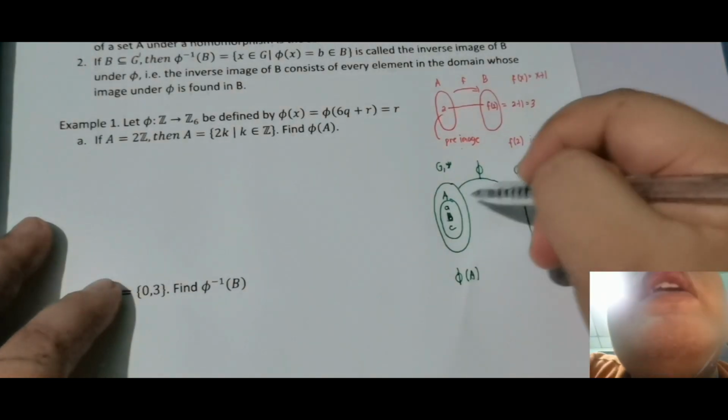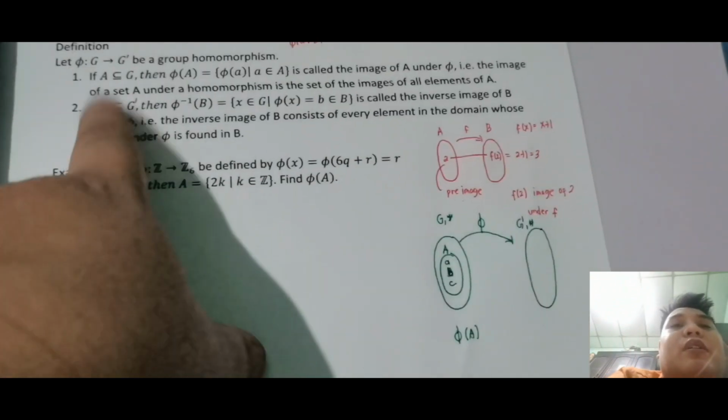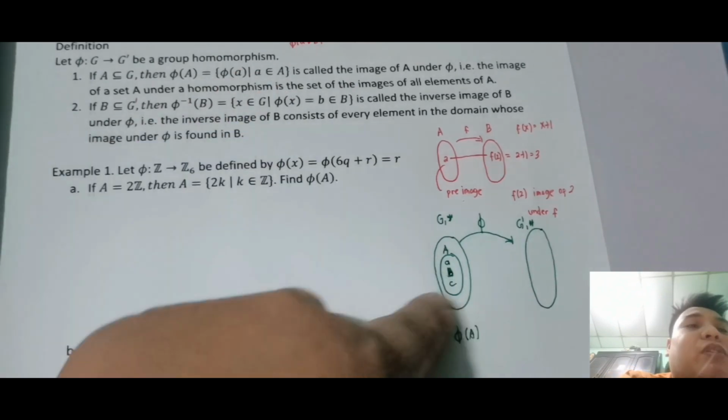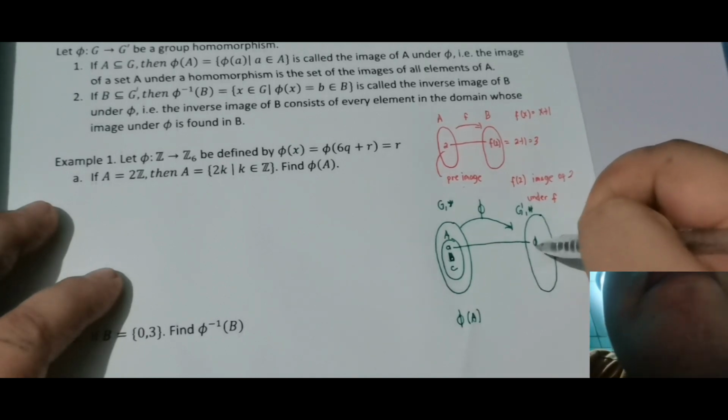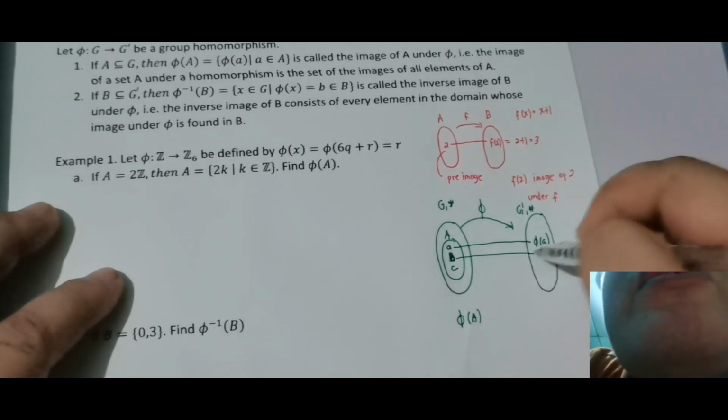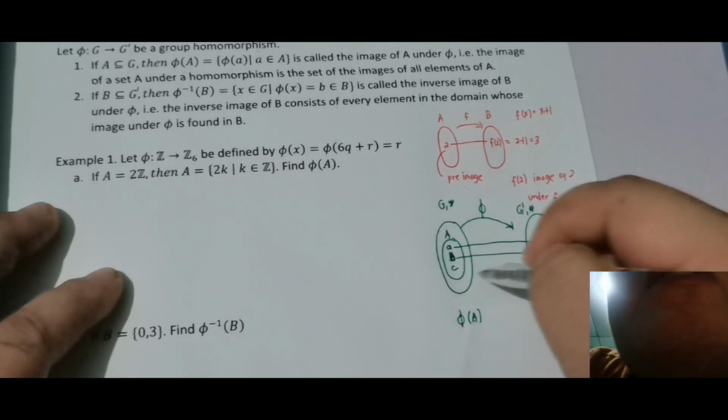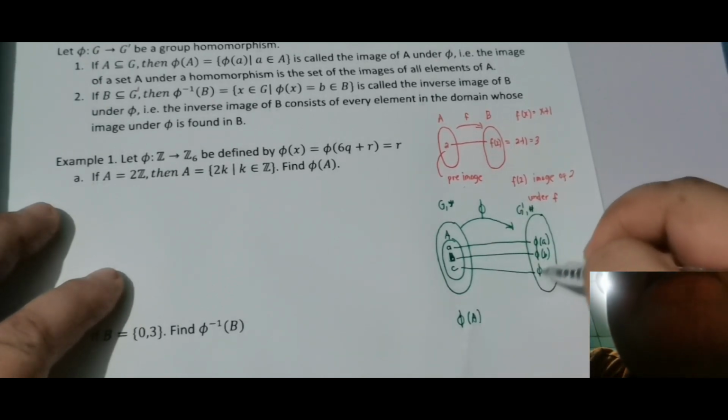Ngayon, ang sabi ng definition, P of A is the set containing P of a, small a, such that a is an element of A. Ano ibig sabihin? Kunyari ito si a, pagpasok diyan siya si P of a. Pagpasok ni b dito, siya si P of b. Pagpasok dito, siya si P of c.